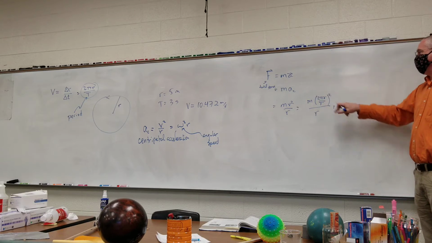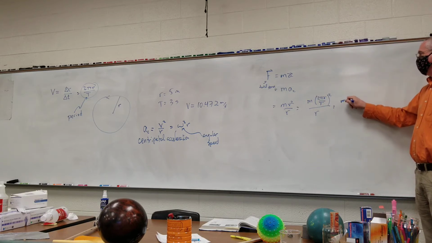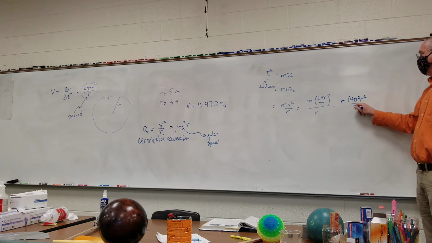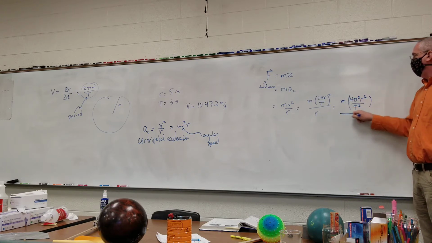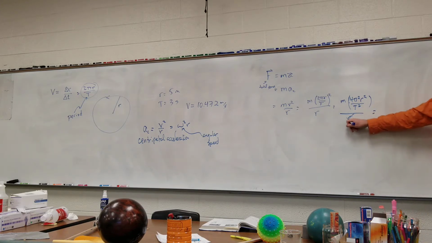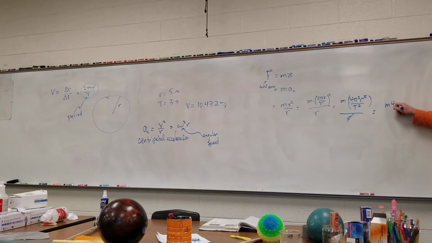So I'm going to square everything inside the parentheses here, so this is mass times 4 pi squared r squared over t squared, over r, which can be simplified: that r cancels out with one of those, and I'm left with m 4 pi squared r over t squared. Okay, pause and let that sink in, and also for people to ask questions about how I did what or why I did what.